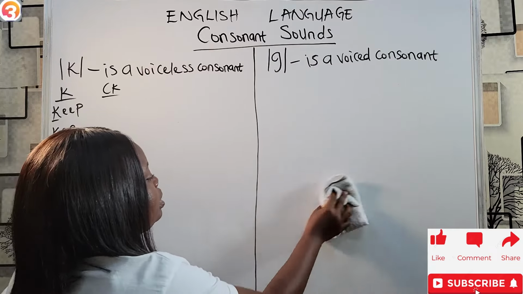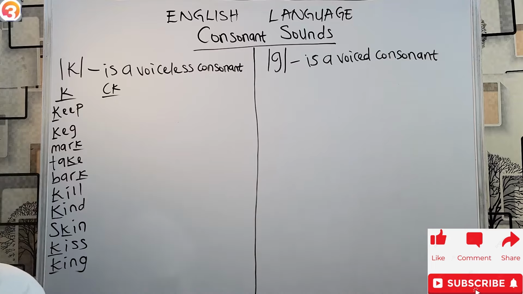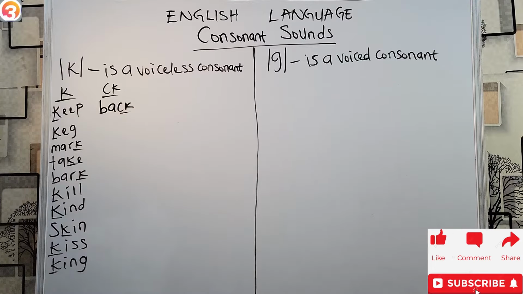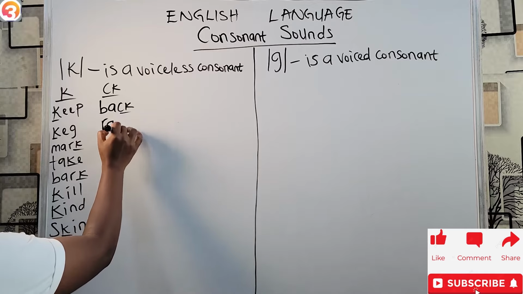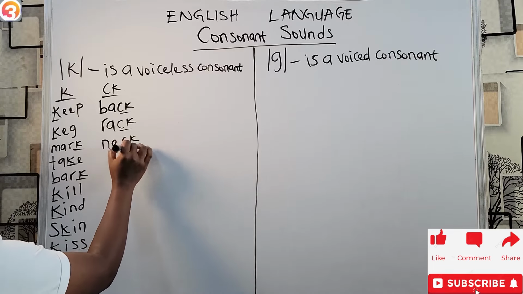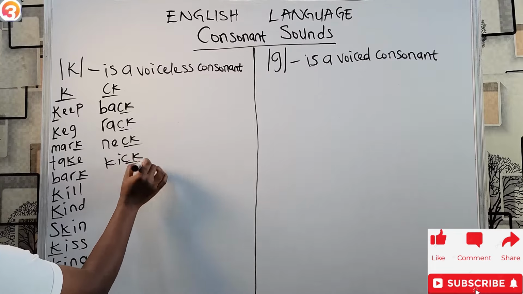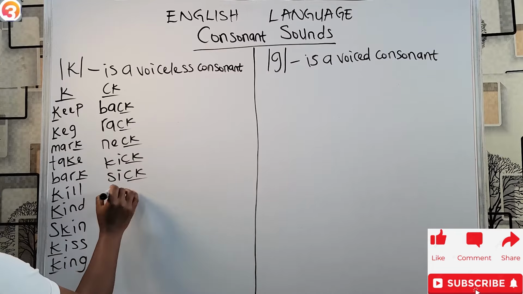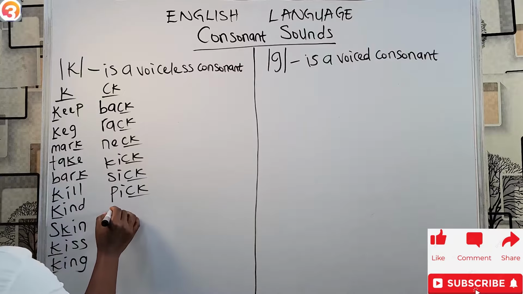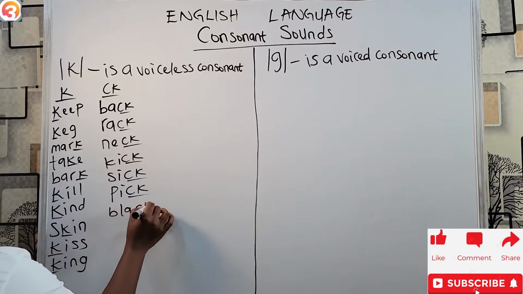If it is not pronounced as K, we pronounce it as S. So words ending with CK also contain consonant K. Example, back, rack, neck, kick, seek, pick, black, tack.